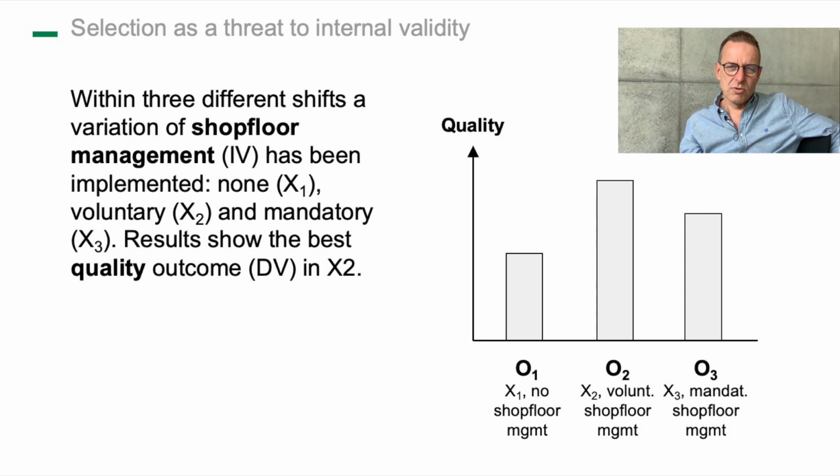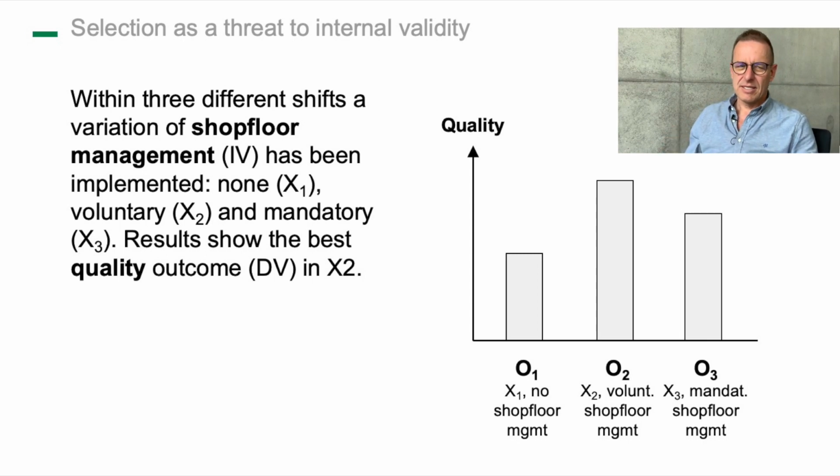And now we want to do the following. In one shift, we say we don't do any shop floor management. None. In the afternoon shift, they say, let's have a voluntary shop floor management. We just tell the people, you can do it, but you can also leave it. Think of it as a recommendation, it's up to you. And in the night shift, they say, you have to do it.